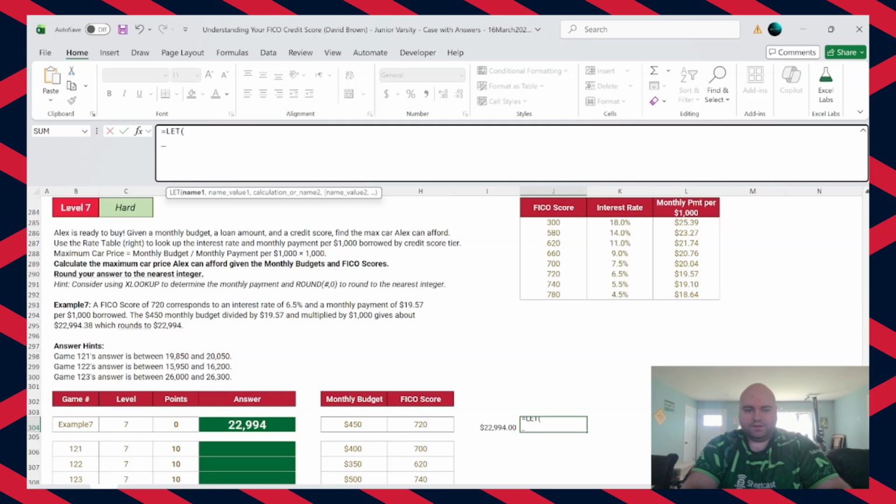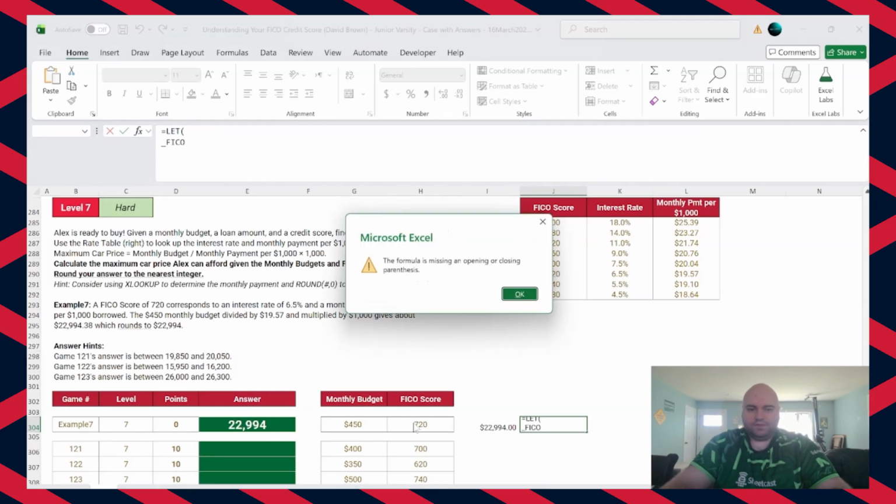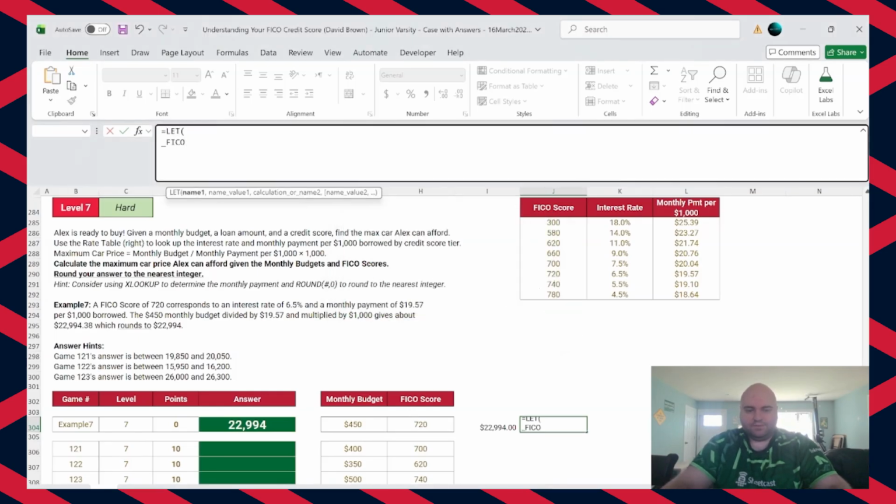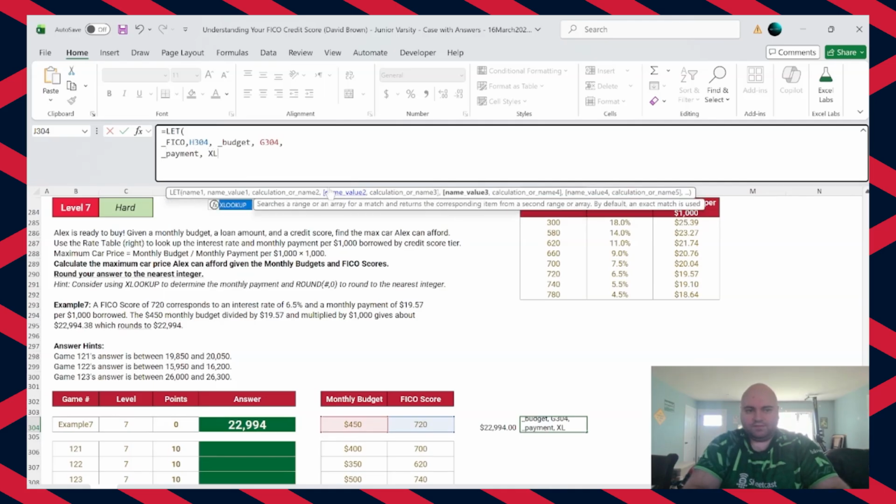So our FICO score is here. Forgot the comma. FICO score is there. Budget is here. And our payment is XLOOKUP.